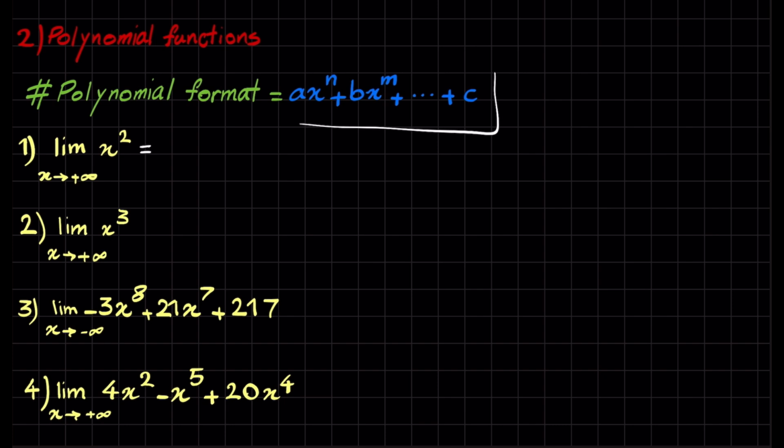For this one, let's say the limit of x squared as x approaches positive infinity. We know that positive infinity is a huge number, so if it's squared, it's also going to be a huge number. So we write down positive infinity. The second one is the same.